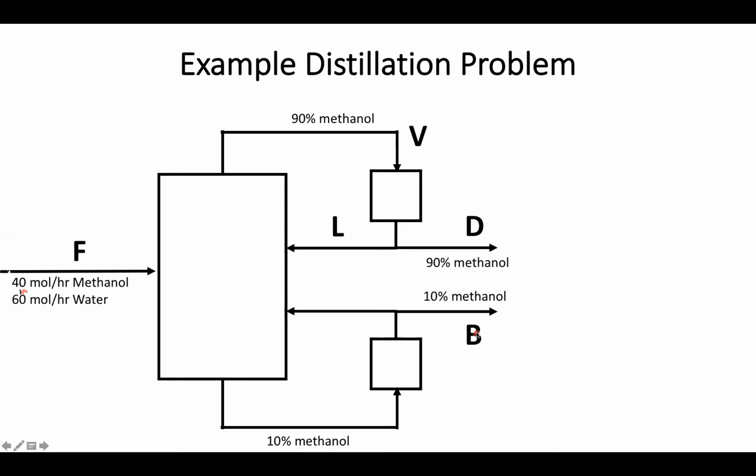One important thing to note is that my bottoms and my bottom liquids will have the same composition, because there's no mixing or separation along this pathway. Similarly, my vapor and my distillate will also have the same concentration.